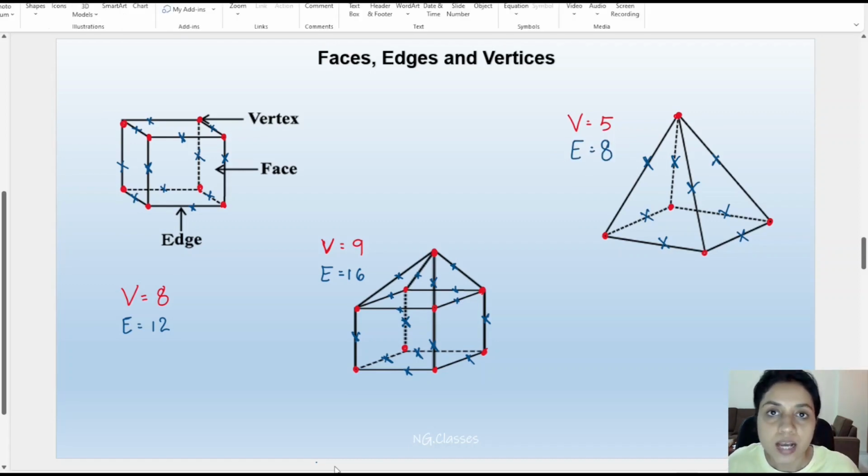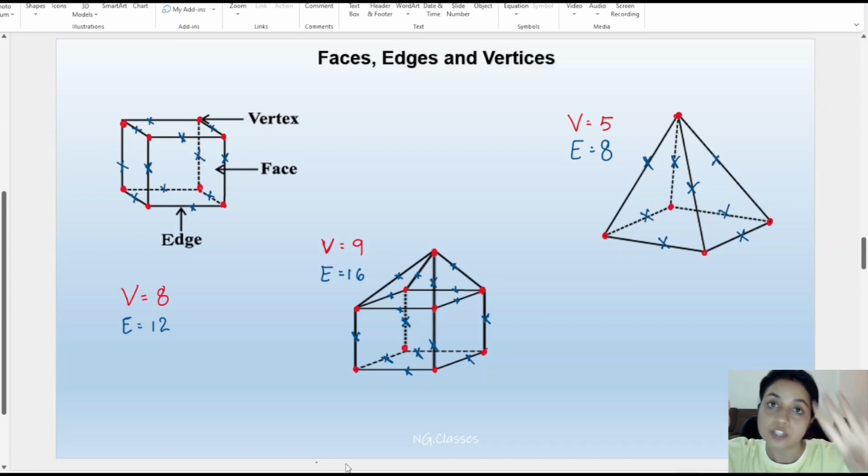And now let's count the number of faces of each and every figure. For the first figure, as we know, it's a cube, and a cube is formed with the help of squares. Here we can understand we have one square in the front and one square at the back. Now we have one square on the left and one square on the right side.